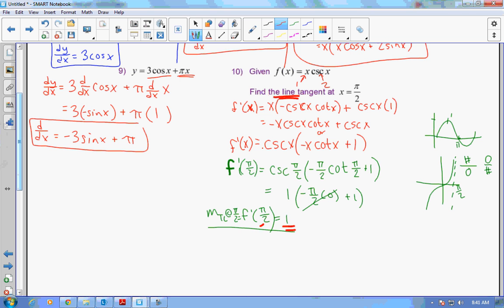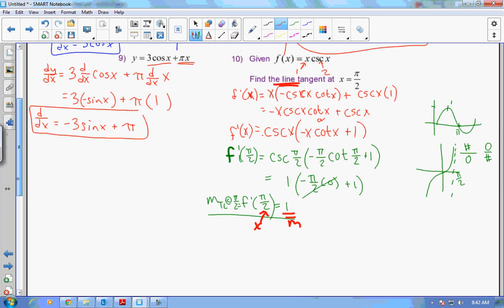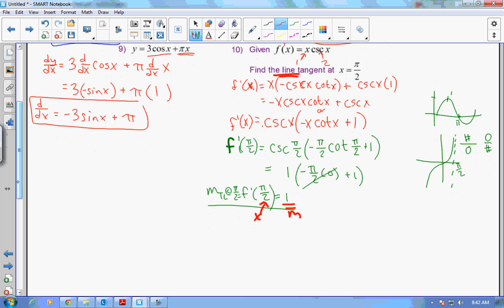This is our x value. This is m. That's our x value. So, we need to find what the y value is. So, we plug in pi halves into the original. The original is x cosecant x. It's pi halves times cosecant pi halves.